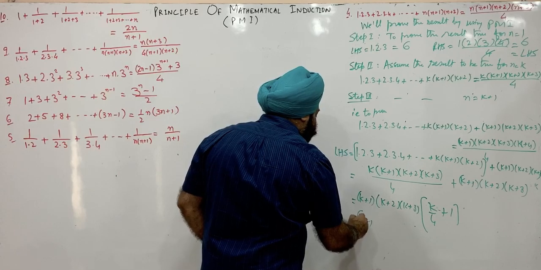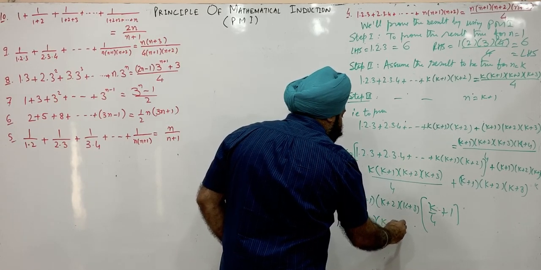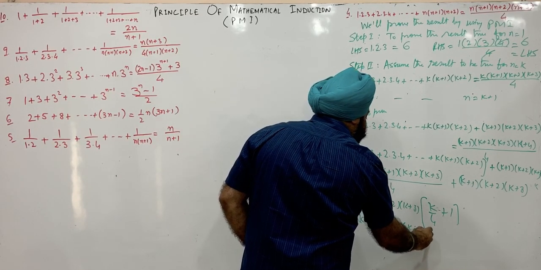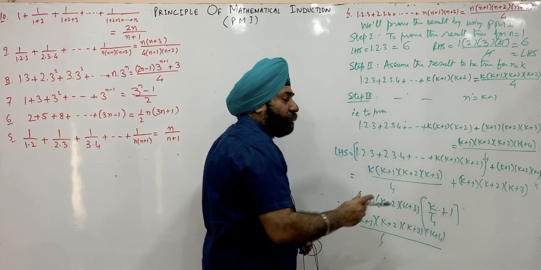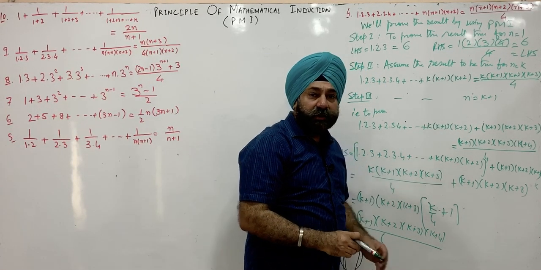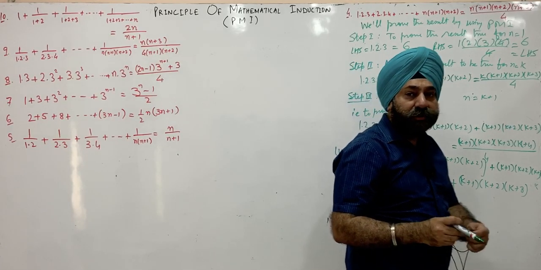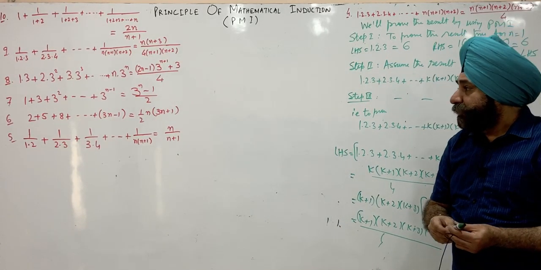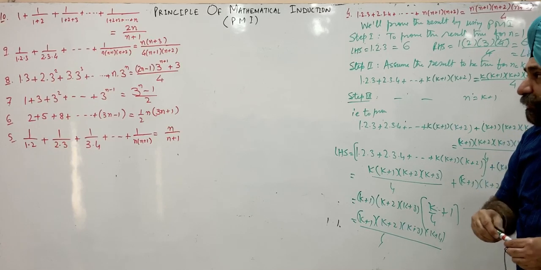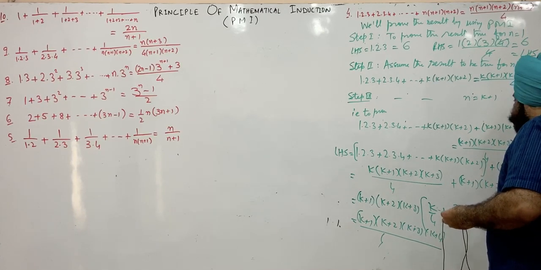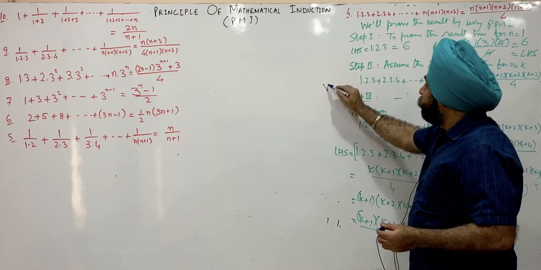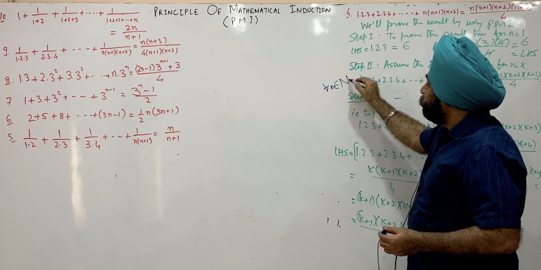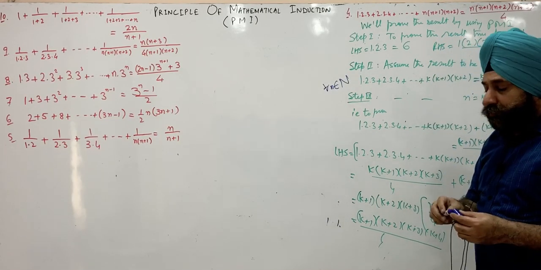So k plus 1, this is k plus 2 into k plus 3, this is k plus 4 whole divided by 4. This is what we wanted to prove. Therefore, the result is true for n is equal to k plus 1. So can we write hence by principle of mathematical induction, the result is true for all n. We write for all n which belong to set of natural numbers.